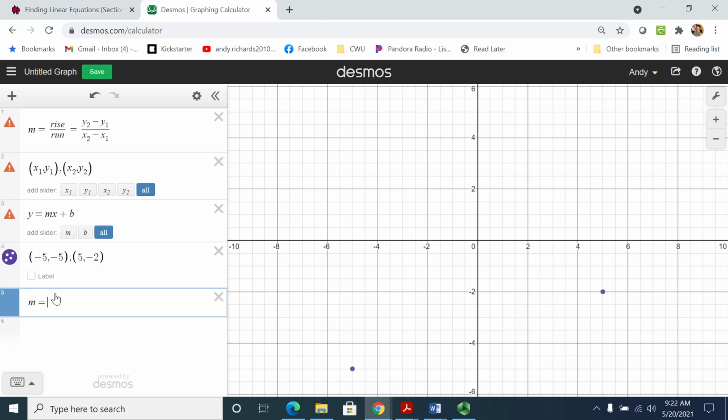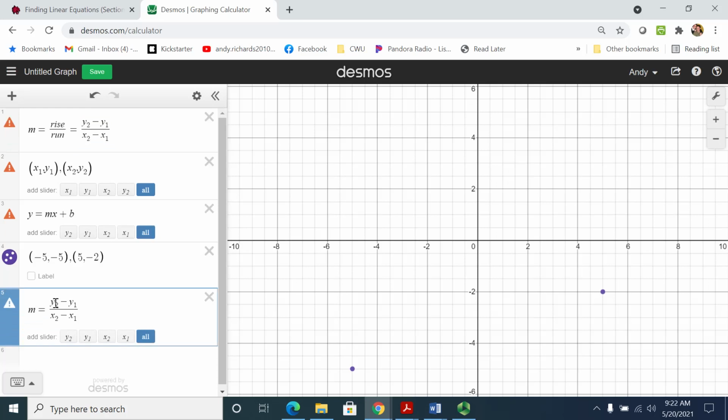So again, if we were to use our definition of slope here, I'm just going to take that and paste it right in here, and then we're going to call our x2, y2 this 5, -2, which means that -2 would have to go here, and then our 5 would need to go there.